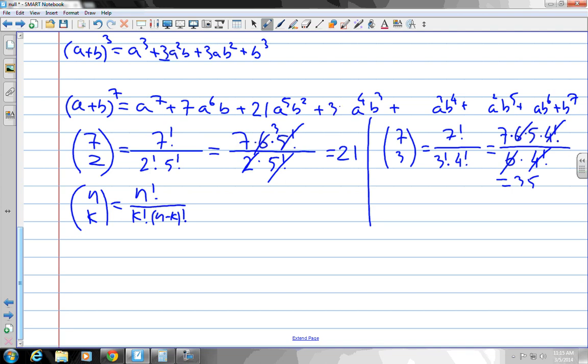So this is 35 here. So there are 35 ways to rearrange 3 B's and 4 A's. Okay? Now the rest would be the symmetry. This is also 35. This is also 21, and that's 7.